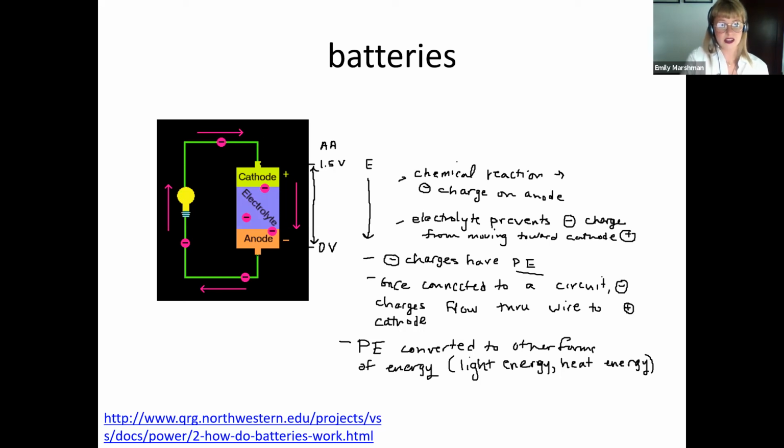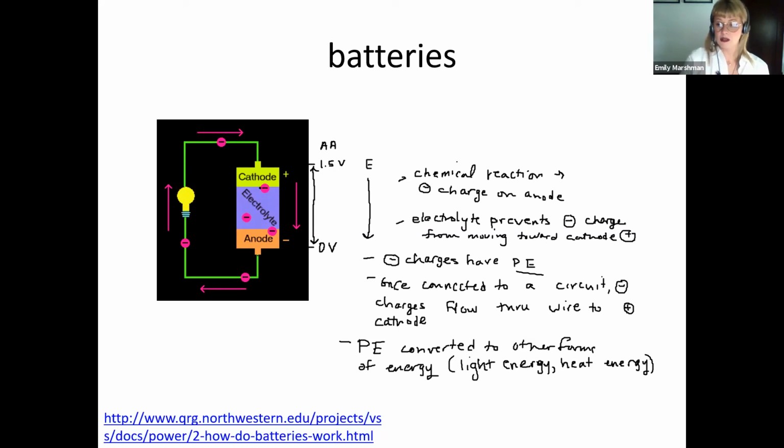And when it gets back to the cathode, it starts all over again, right? This chemical reaction occurs. The electron gains potential energy as it gets pushed through the battery, and then as it flows through, that gets converted into other forms of energy.